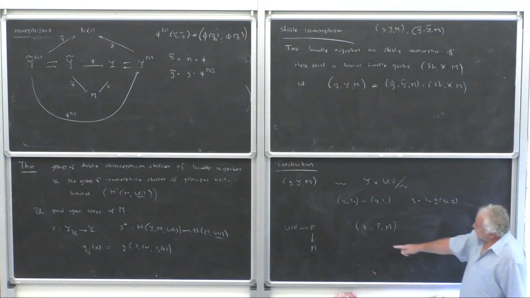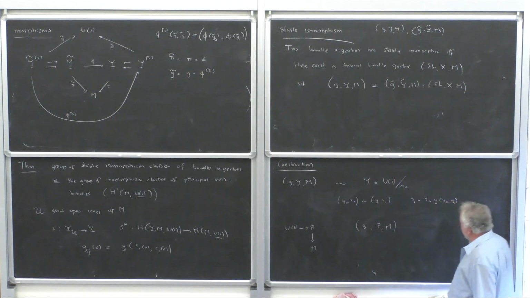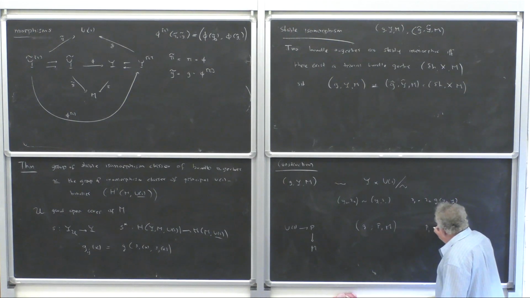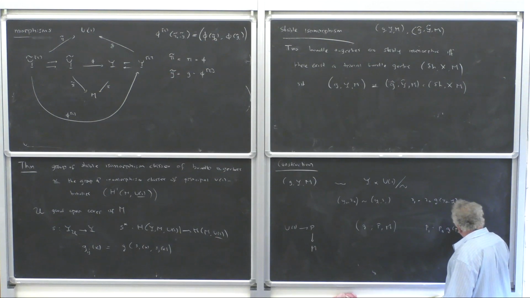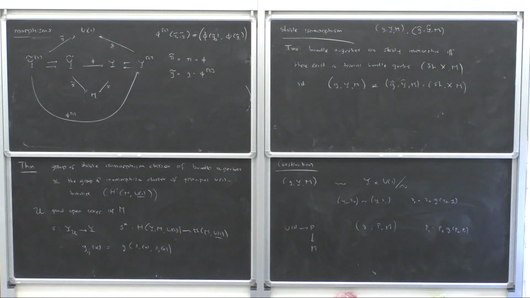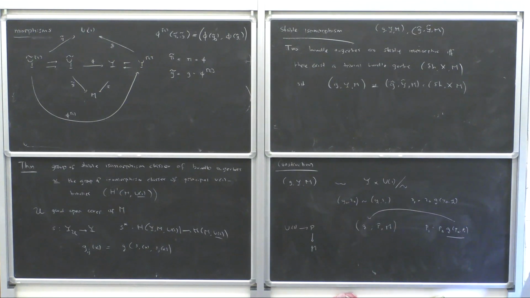But the action of U1 is free and transitive on the fibers. So p0 and p1 are always uniquely related by a group element, and I call that group element g(p0, p1). That satisfies the cocycle condition, and that's the cocycle I need in that definition to make it a bundle gerbe.